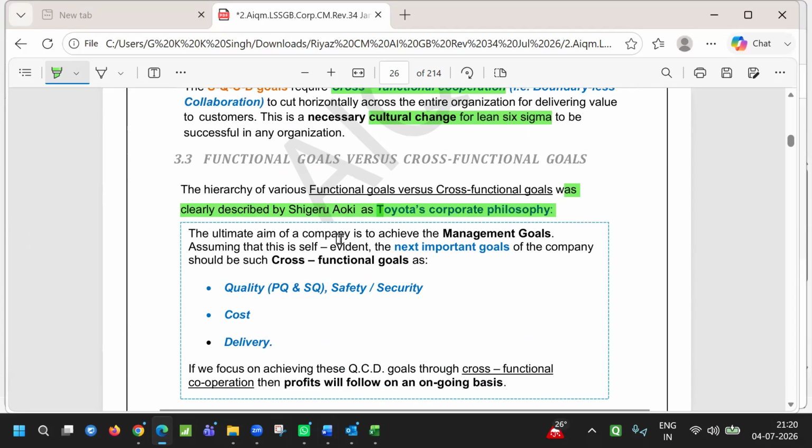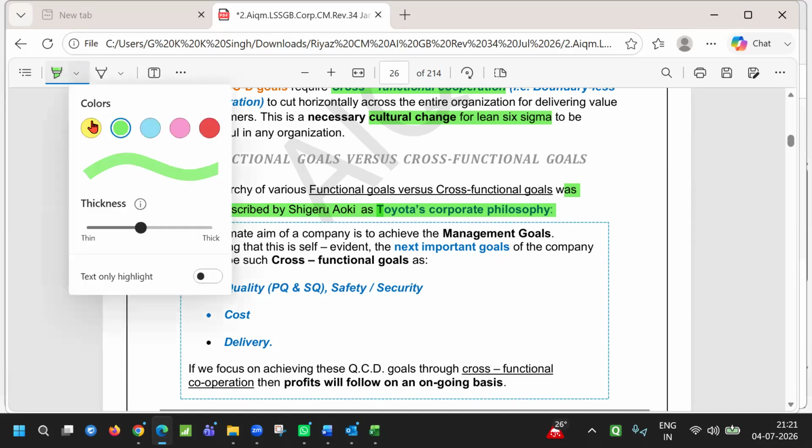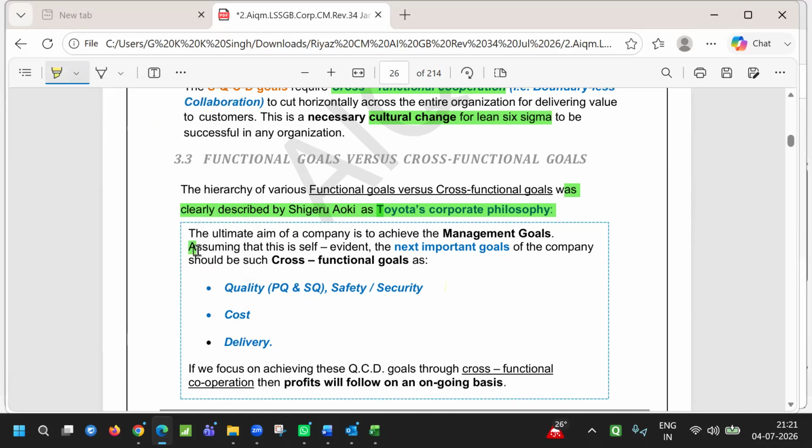So what is this philosophy? Assuming that the ultimate aim of a company is to achieve the management goals, and assuming that this is self-evident, the next important goal of the company should be such cross-functional goals as what I told you: product quality, PQ, support quality, SQ, safety, security, cost, and delivery.